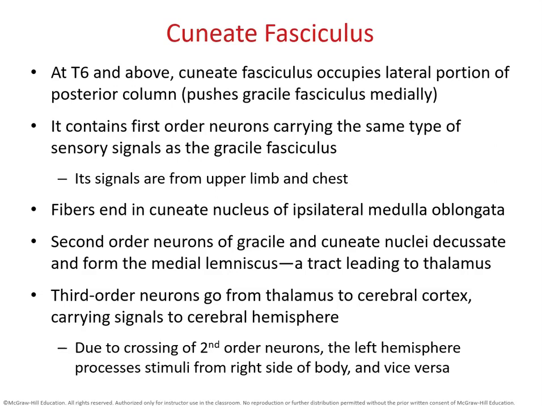It gathers signals from the upper limb and the chest, and again takes those signals to the medulla oblongata. The second order neurons of the gracile and cuneate nuclei decussate. The third order neurons go from the thalamus to the cerebral cortex.